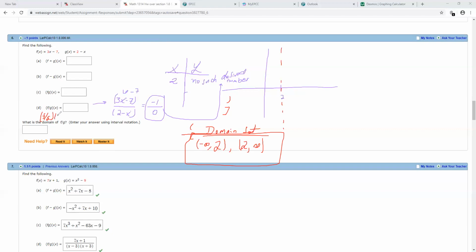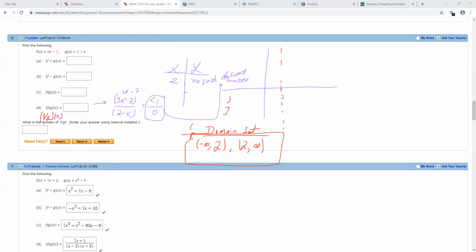If they would have said, hey, f divided by g when you put 2 in, then that would be this question right here. What happens when you put x equals 2 into this equation, and then you would write no such defined number.